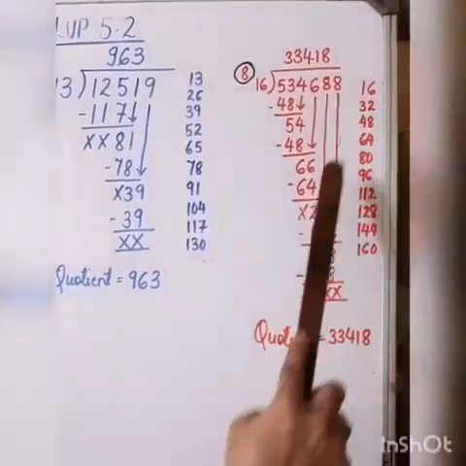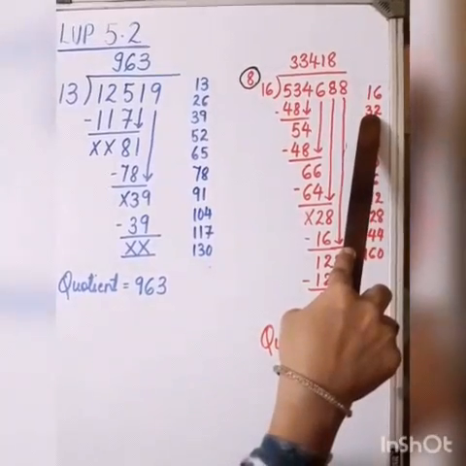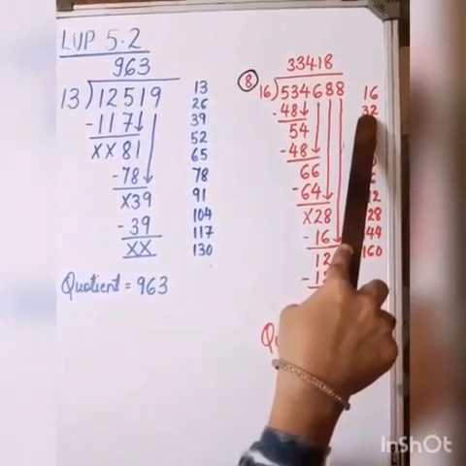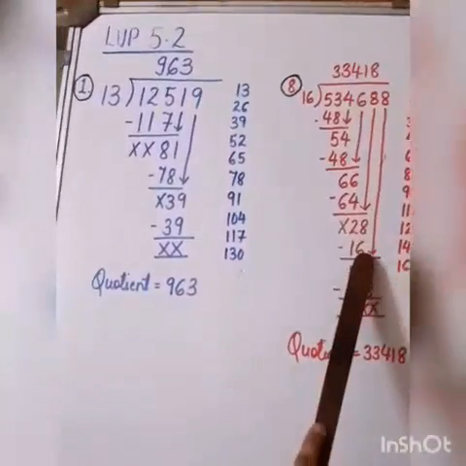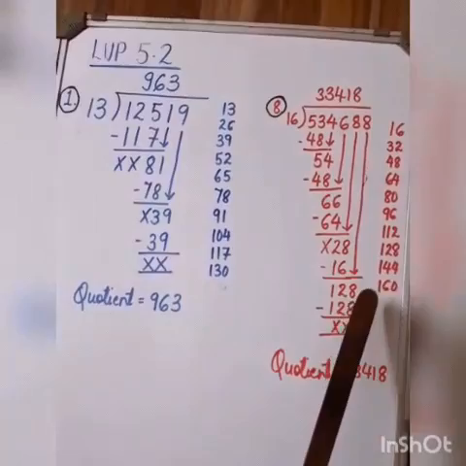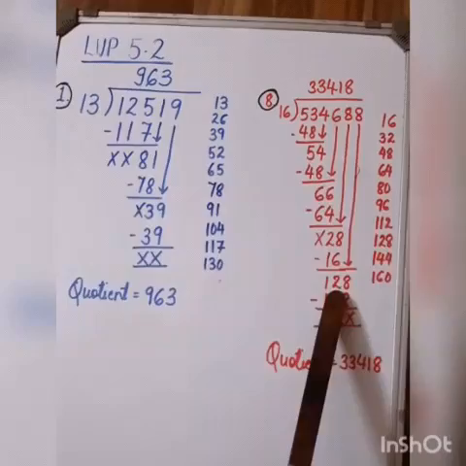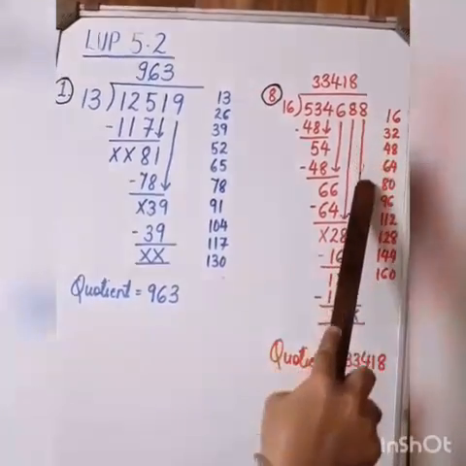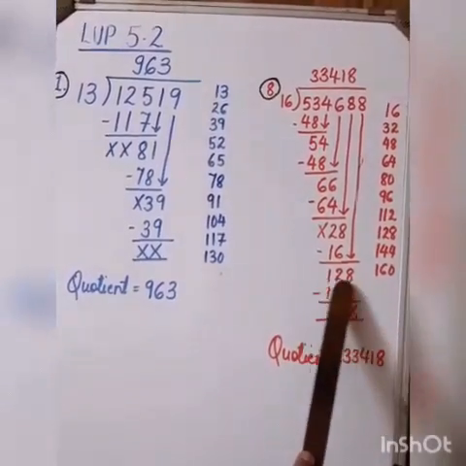So now for 28, what can we take? We can't take 2 because it is 32, which is greater. So we have to take 1. So 16 ones are 16. Now 28 minus 16 is 12. And again the leftover number will be brought down, and it will become 128.